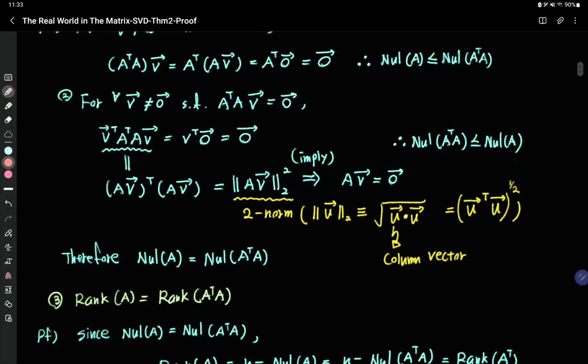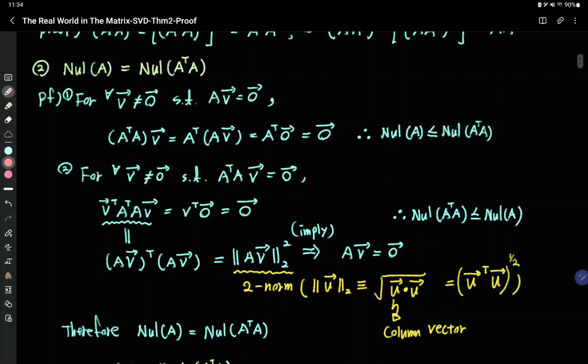So it means that the nullity of A transpose A must be less than or equal to the nullity of A, because we pick an arbitrary solution vector V from the null space of A transpose A, and it turns out that that solution vector is a solution vector of AX equals the 0 vector, right?